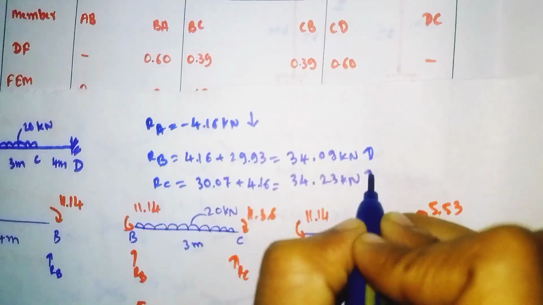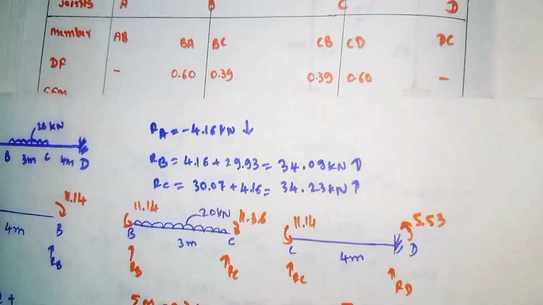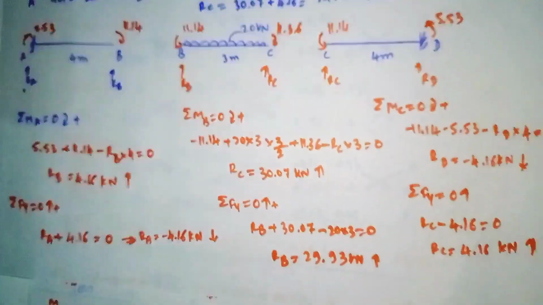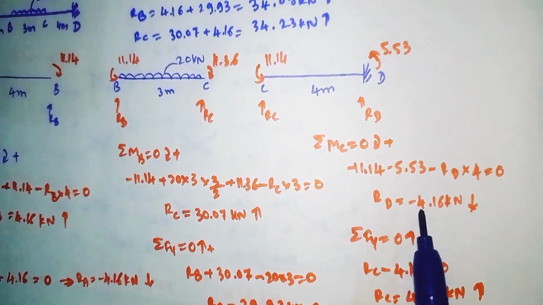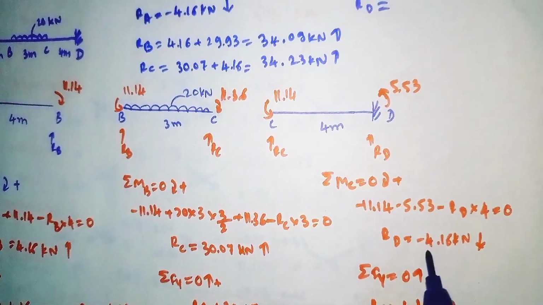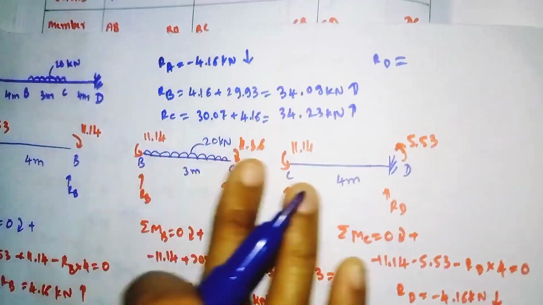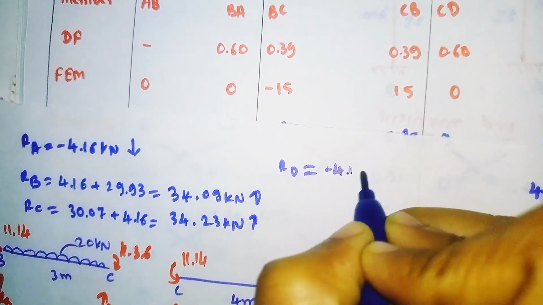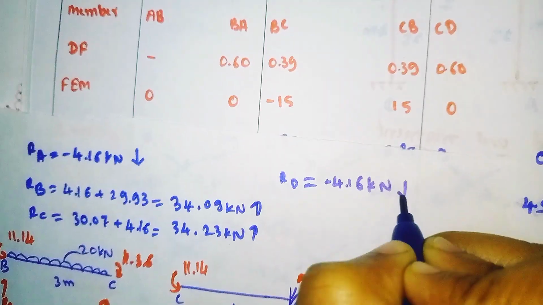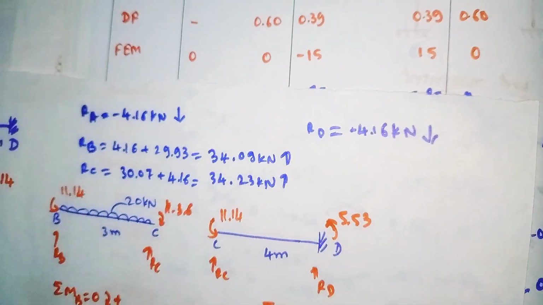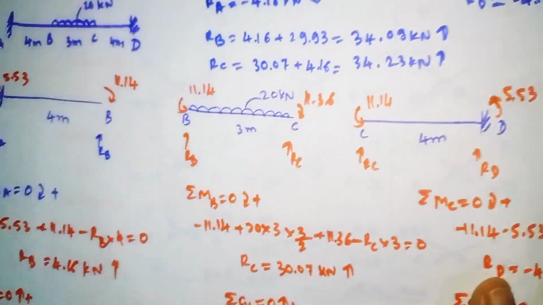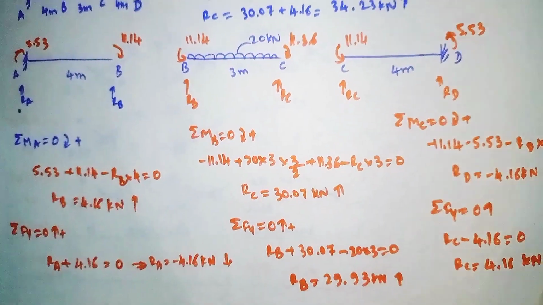This is also positive, it means moving upward. Finally, our RD value, see here we have only one RD value, that is minus 4.16. This is also negative. So our final RD value is minus 4.16 kilonewton. This is moving down because it is negative. So these are the final reactions. This is how we need to calculate the reactions.